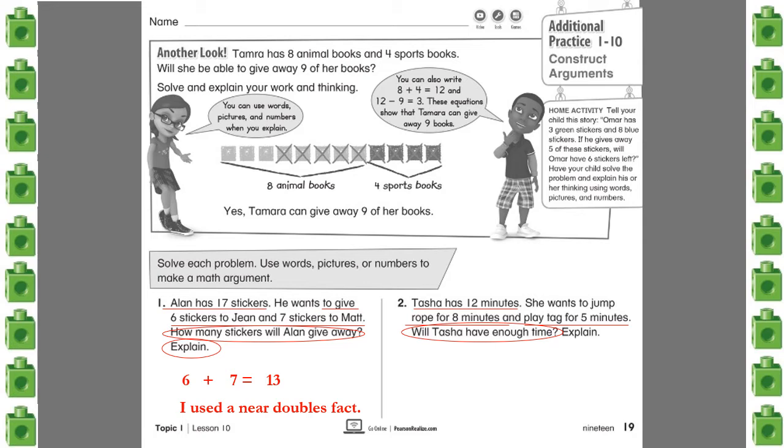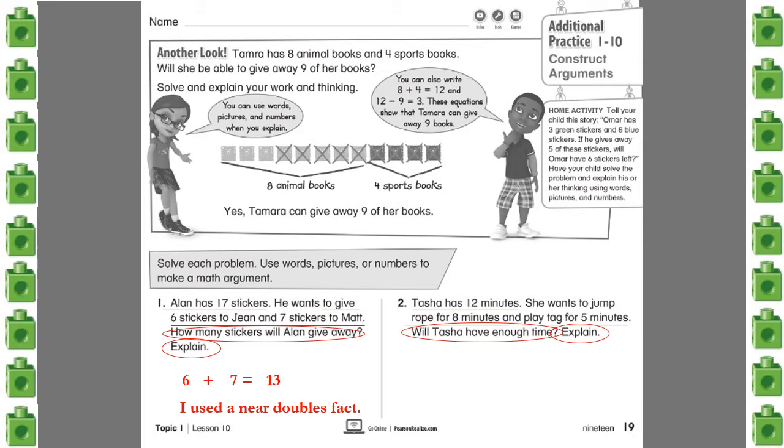Now, let's look at number 2. Tasha has 12 minutes. She wants to jump rope for 8 minutes and play tag for 5 minutes. Will Tasha have enough time? Explain. Okay, so let's see. She has 12 minutes. She wants to jump rope for 8 and play tag for 5.